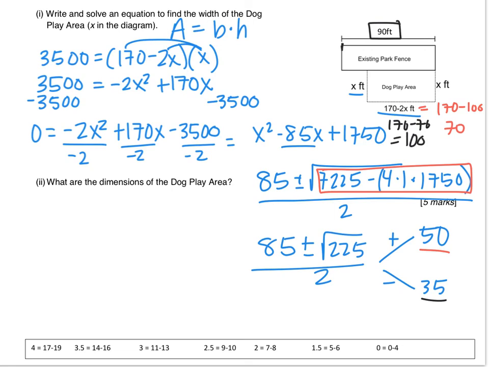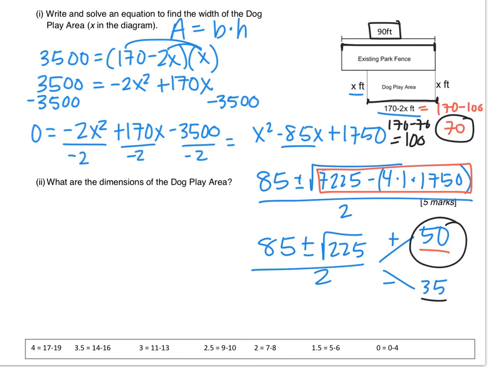Well, this part up here is only 90, so can this part down here be 100? If we think about it, this part down here has to be shorter, and so 70 is the only answer that makes sense, and so 50 is the answer that has to be x in our equation.